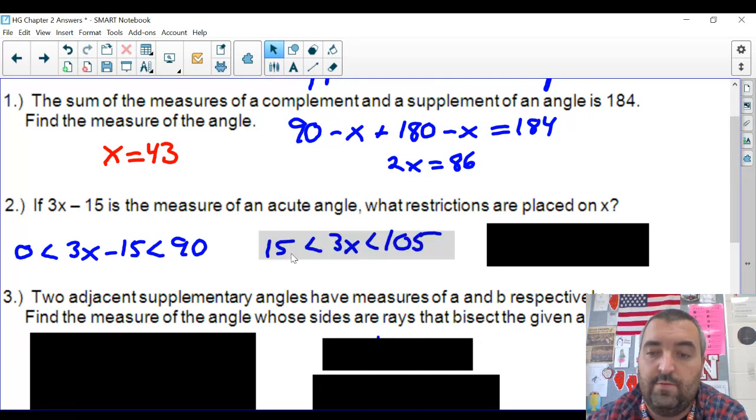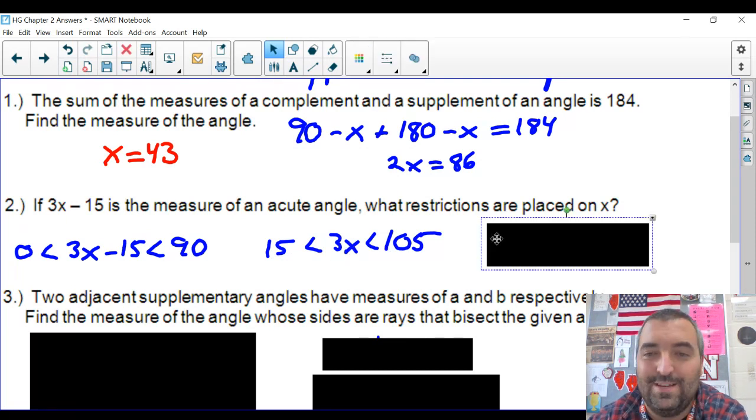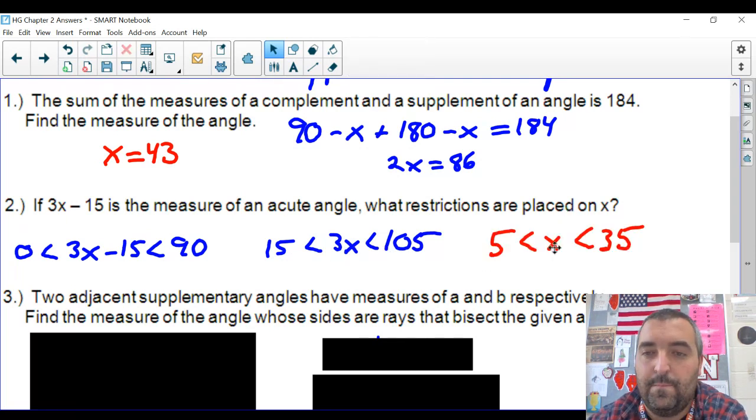I would add 15 to all three sides, and then divide everything by 3. So my restriction is x has to be between 5 and 35. You'll also notice that I just used less than symbols, not less than or equal to, because as soon as you are equal to 90, you become a right angle and are no longer acute.